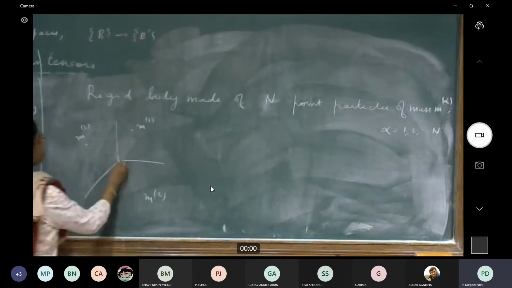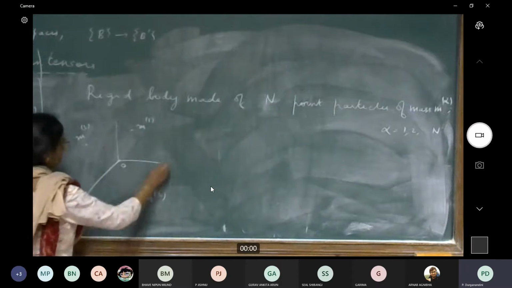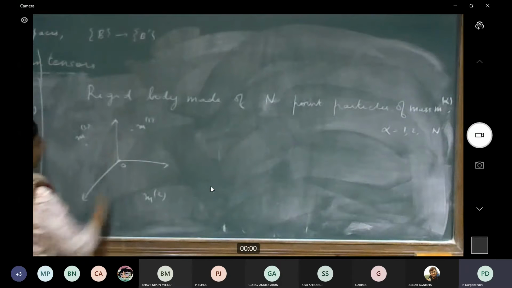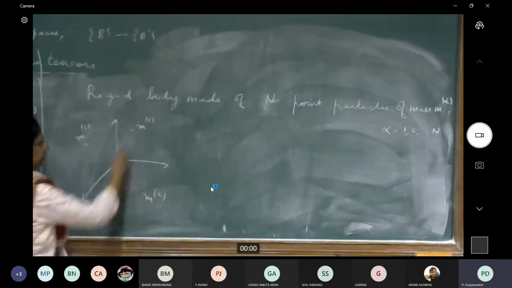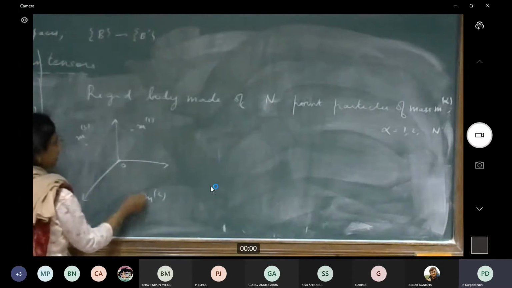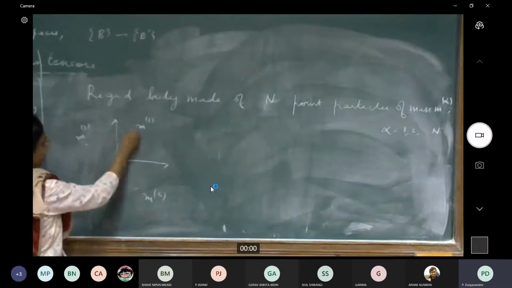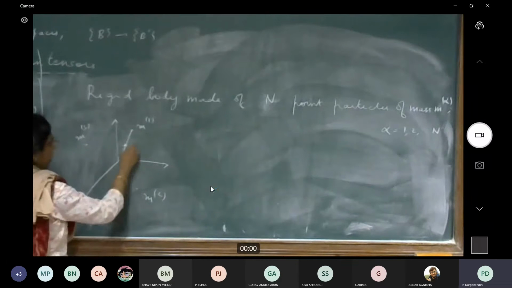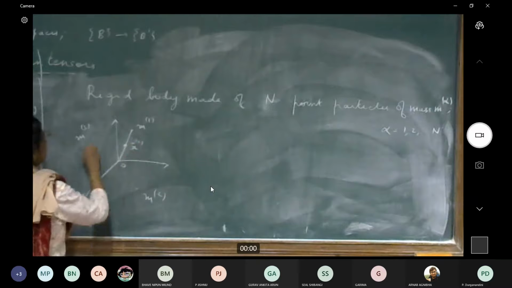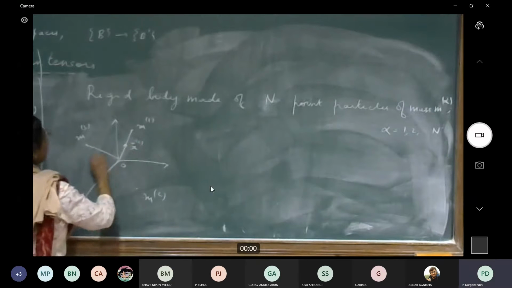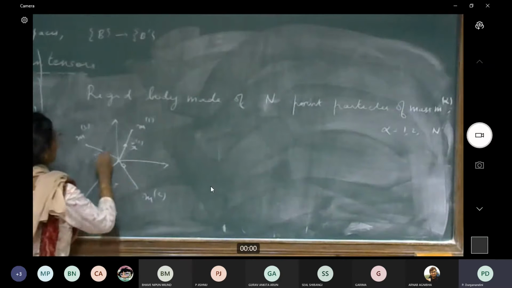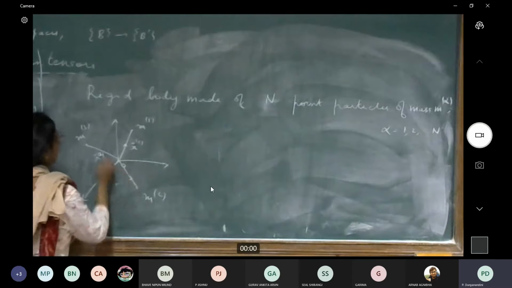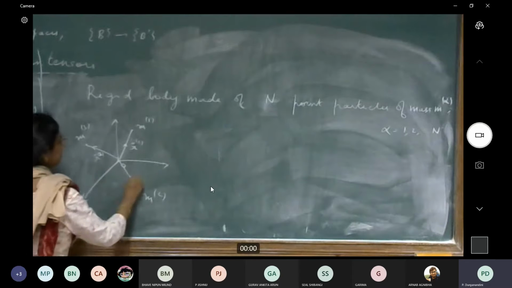This is particle M3. So suppose I have 3 particles, and with respect to this particular choice of origin and axes, they are located at these positions. So this will be R1, this will be R2, and this is going to be R3.